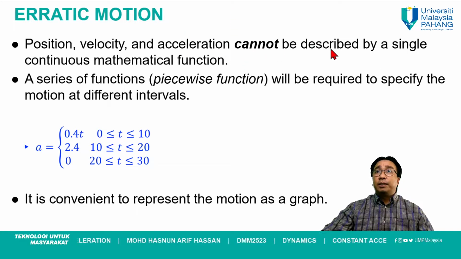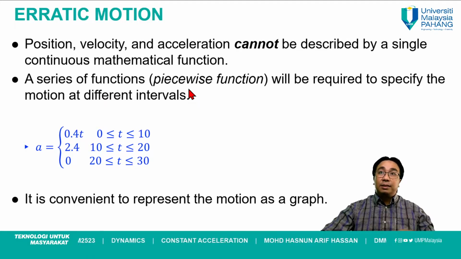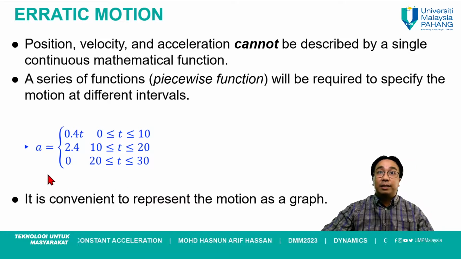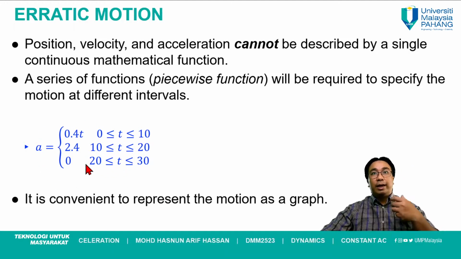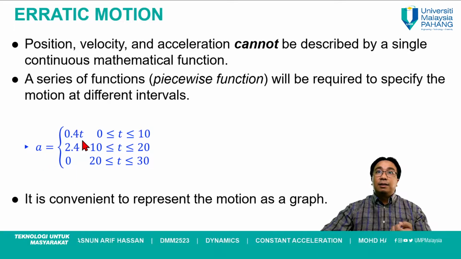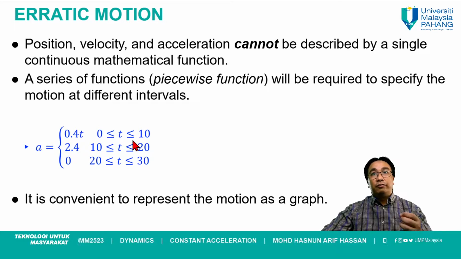It cannot be described by a single continuous mathematical function. Instead we need a series of functions, which in mathematics is called a piecewise function. What is a piecewise function? Like the one in blue here. To represent a, the acceleration, it has to have three equations for different timings. This is called a piecewise function.